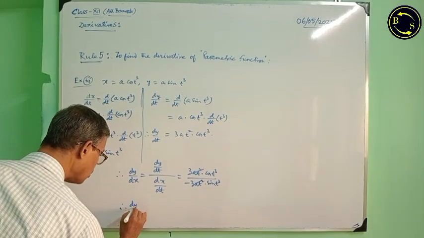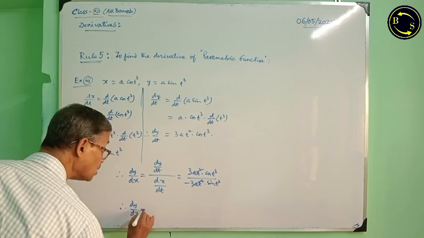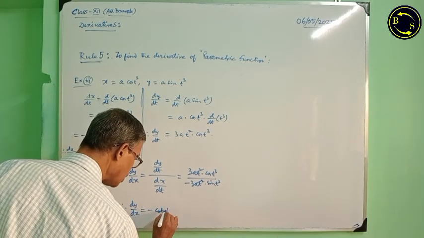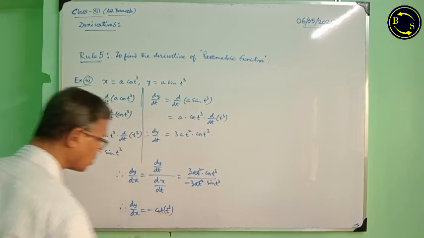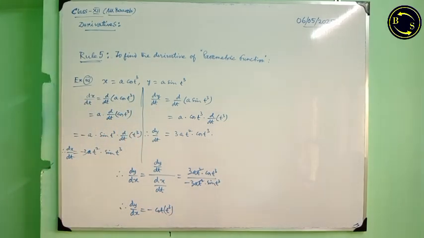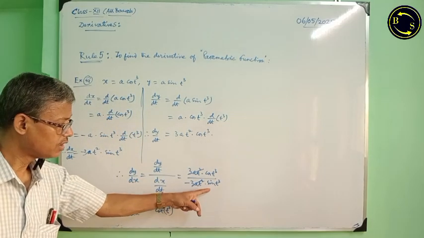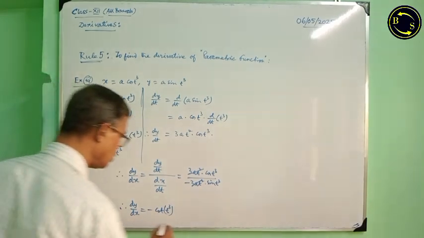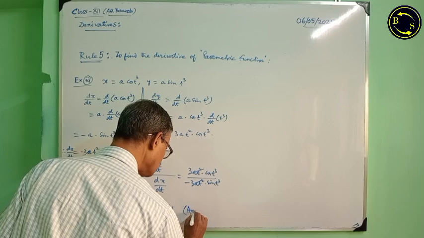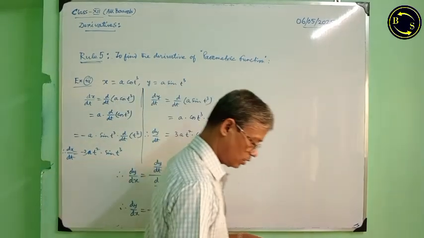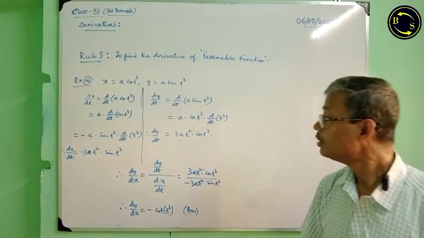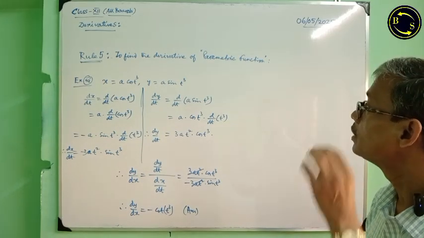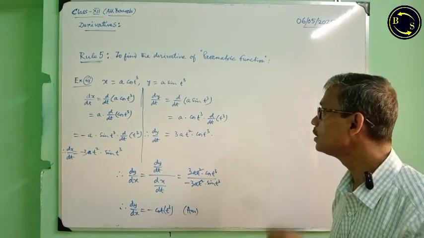Therefore, dy dx is equal to minus cot t cube. We can use the brackets also. Cos theta by sin theta form, that means cot theta. Therefore, finally, dy dx equal to this one. Thus, we have explained the method of finding derivative of parametric function.